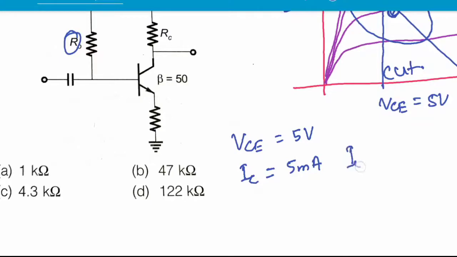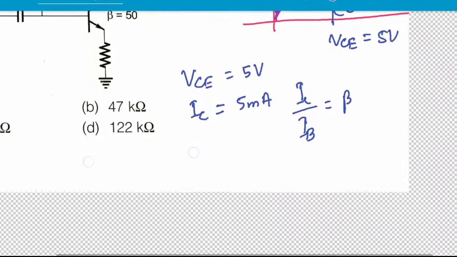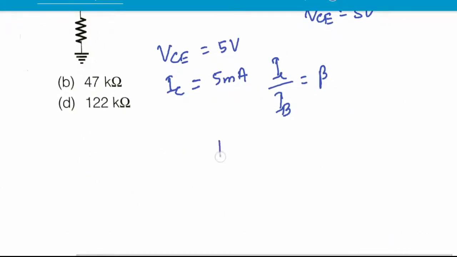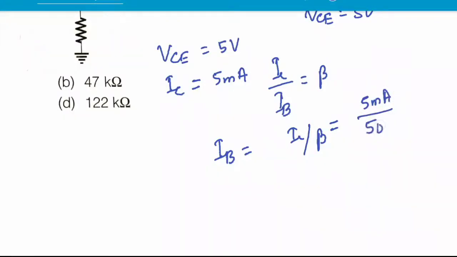So IC by IB is beta, that is the current gain, and IB will be IC by beta, and this will be 5 milliampere by 50, and this will be 0.1 milliampere.